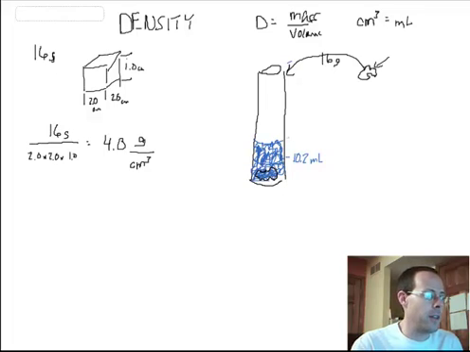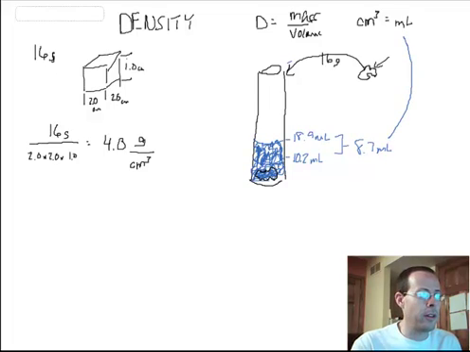Now we look at it, and let's say our volume is now, I don't know, 18.9 milliliters. If we take the difference of these two numbers, we find it's 8.7 milliliters. But again, milliliters tells us volume just like cubic centimeters does.